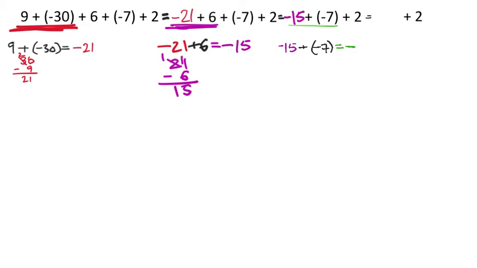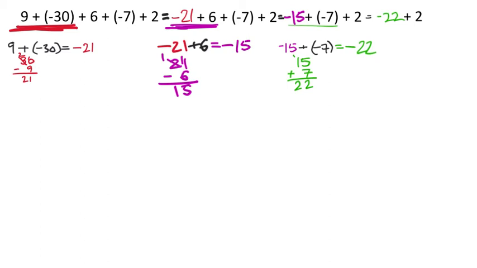So there's negative, but the 2 values, instead of subtracting like we were doing before with opposite signs, these have the same sign, so we're going to add these 2 together. 15 plus 7, 5 plus 7 is 12, carry the 1, 1 plus 1 is 2, 22. Negative 22 specifically.